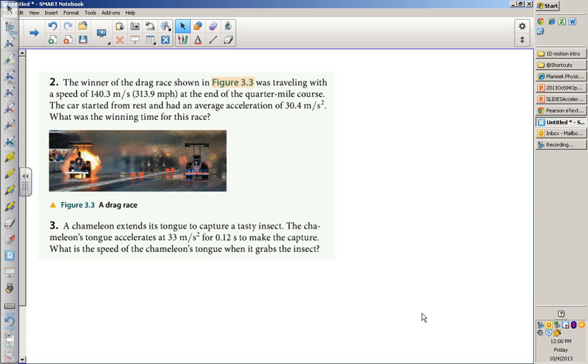Good there? So with that being said, on page 76, numbers 2 and 3, let's use this formula for acceleration and calculate these two problems. I'll do them slowly up here on the board so you can check and see how you're doing, and then we'll come back and discuss. Okay? So number 2 and number 3 on page 76.